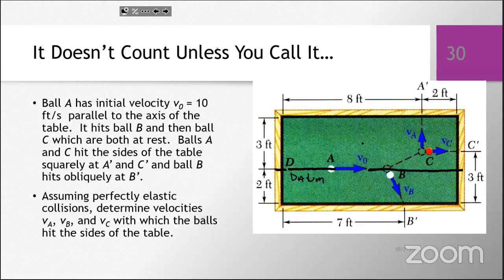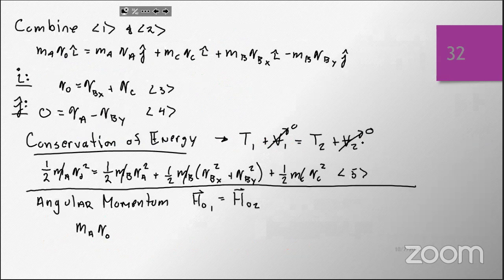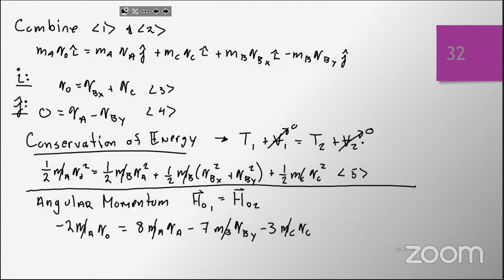We know all these distances, and we can make this happen, right? So this is negative 2 MA V naught is equal to 8 MA VA minus 7 MB VB in the y direction minus 3 MC VC. What happened in the x direction, right?